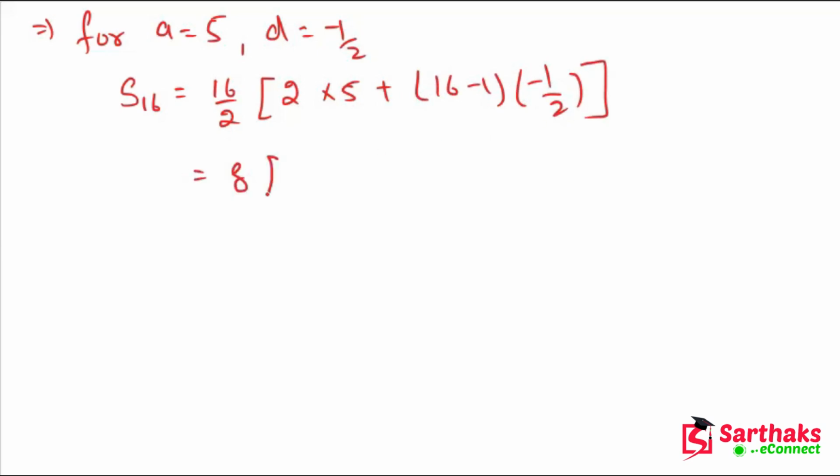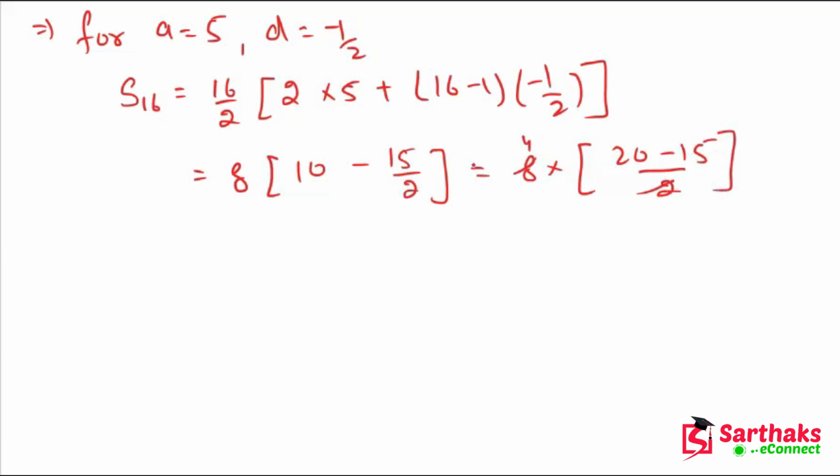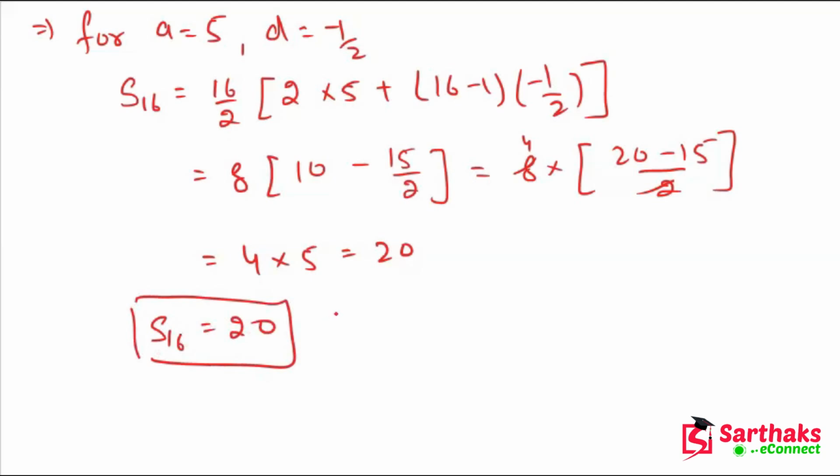Here is 8, here is 10 minus 15 upon 2. So we get 8 into (20 minus 15) divided by 2. So this will become 4, so 4 into 5, we get 20. So S16 is 20. So this is our answer.